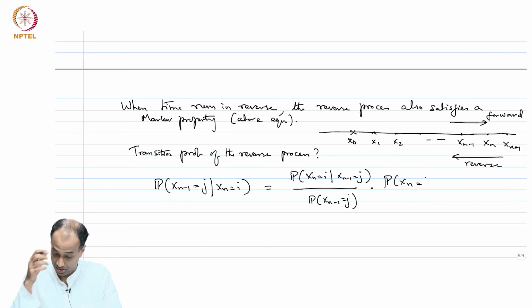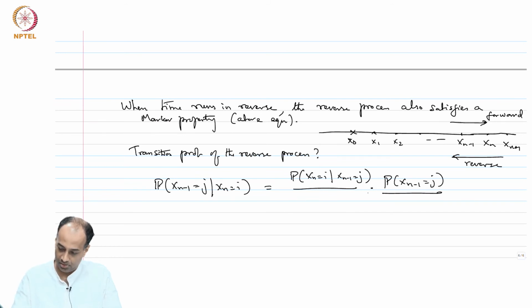Oh, I beg your pardon, sorry, I think I got this wrong. I should write probability xn minus 1 equals j over probability xn equals i. All right, this is simply the definition of conditional probability.